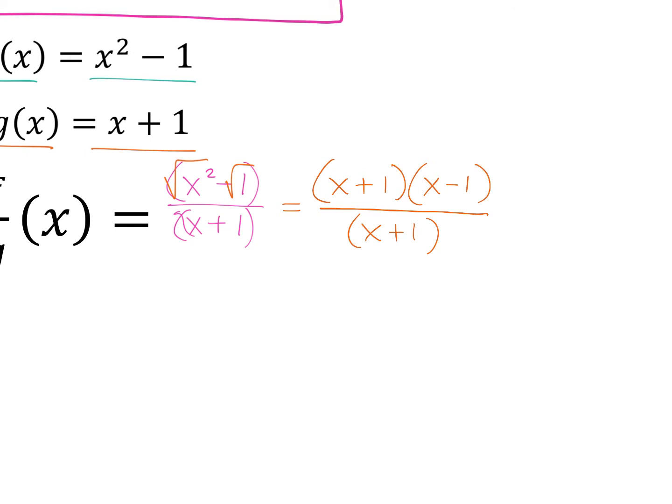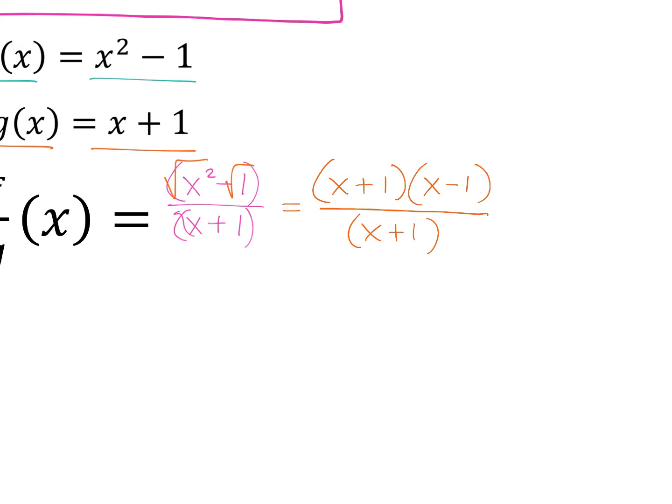Now do you see what you can do with that? What do you think you can do? What would you do? Can you divide anything right now? You can divide x plus 1 by x plus 1, right?